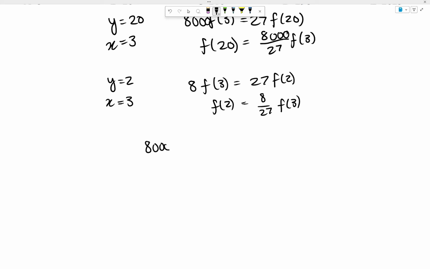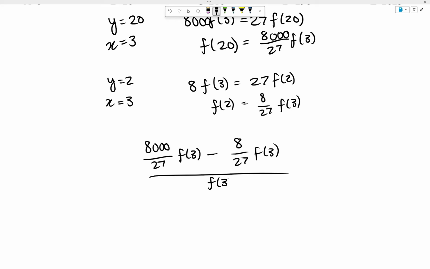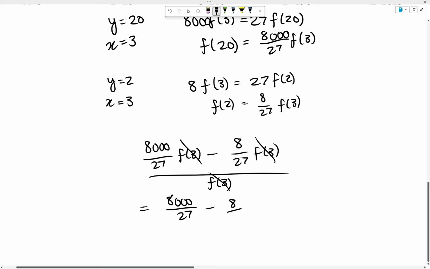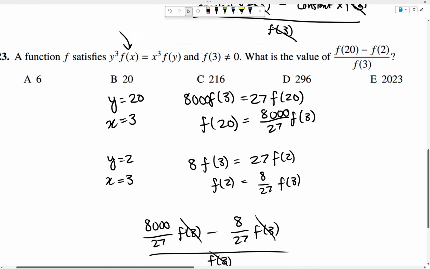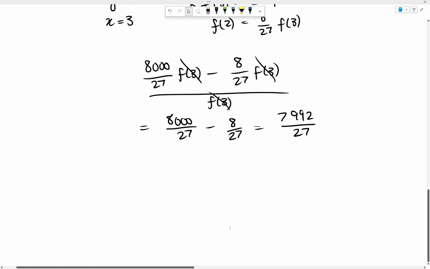So 8,000 over 27 f of 3 minus 8 over 27 f of 3 all over f of 3, and the f of 3s are all going to cancel, and that just leaves 8,000 over 27 minus 8 over 27, which is 7,992 over 27, which I guess I'll calculate.